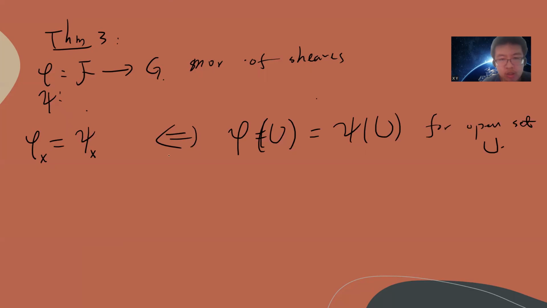One direction is trivial, because your stalks can be defined as a colimit. If they agree on all the open sets, then they should be the same on stalks, by the definition of stalks.